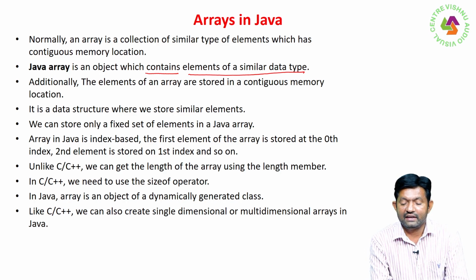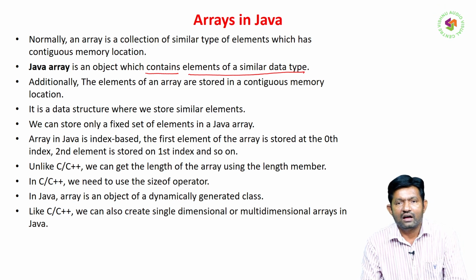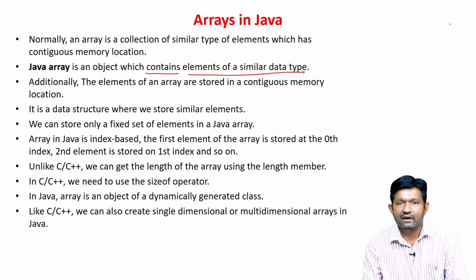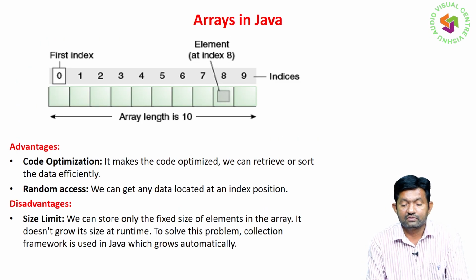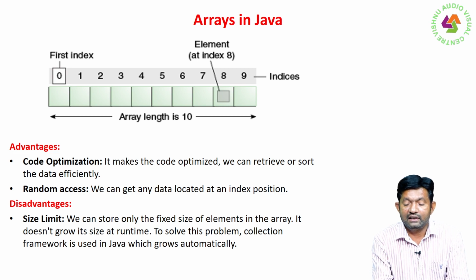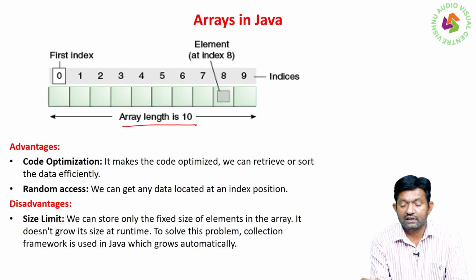Array in Java is index based. That is, in an array, the index starts with the 0th element and ends with n-1. So in this diagram, the length of the array is 10.